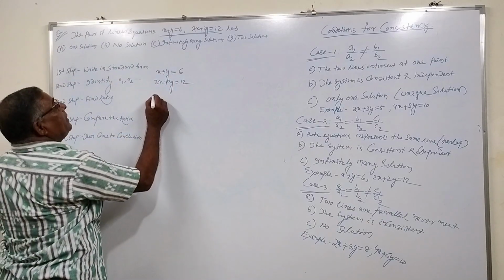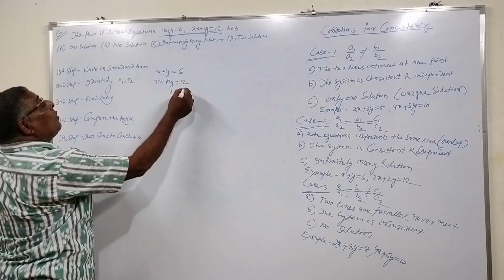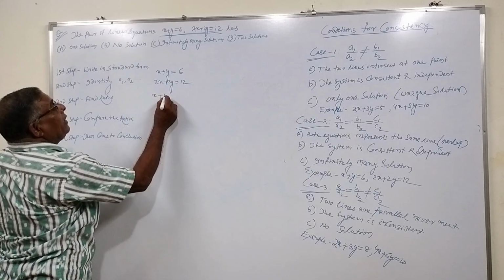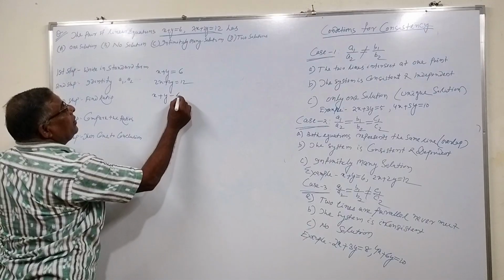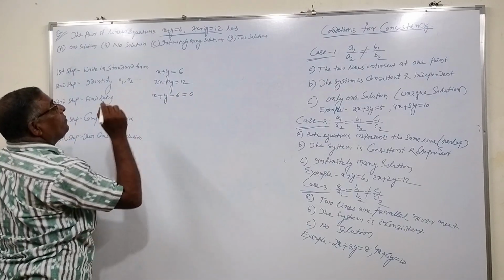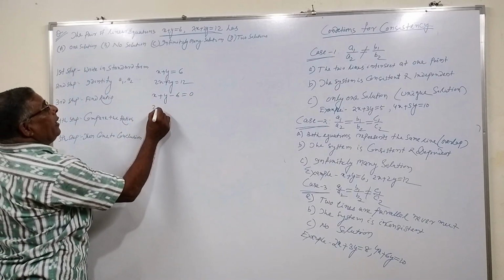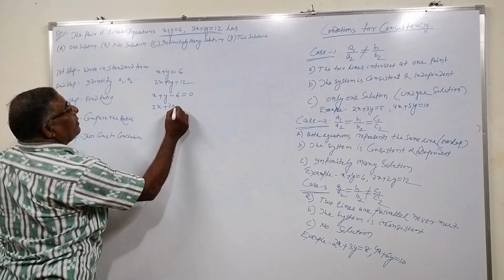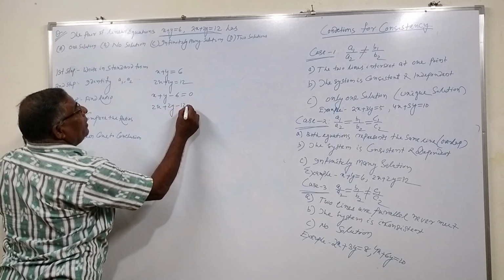Standard form is a1x plus b1y plus c1 equals 0. So, x plus y minus 6 is equal to 0. Similarly, 2x plus 2y minus 12 equals 0.